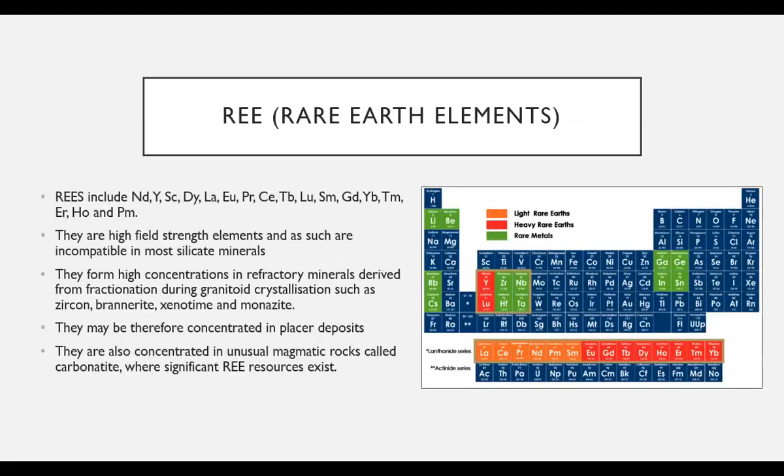Rare earth elements, flavor of the month. They're not so rare, as you're aware. These are the rare earths down here, the lanthanide series. But you know, people will pull in a variety of other elements there, so just take care.